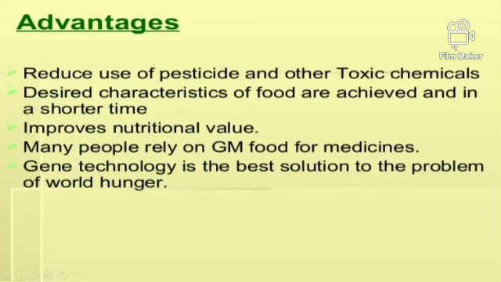Then advantages of the GM plant: reduced use of pesticides and other toxic chemicals, desired characteristics of the food achieved in a shorter time, improved nutritional value. Many people rely on GM food for medicine. Gene technology is the best solution for the problem of world hunger.